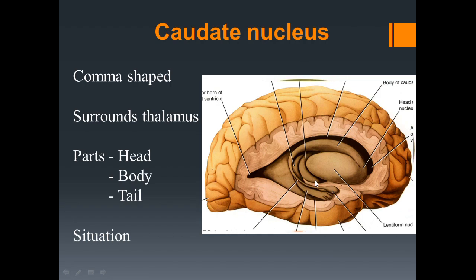The lateral ventricle is a cavity of the cerebral hemisphere. Here in the cerebral hemisphere you can see a cavity which contains CSF, and this cavity is called the lateral ventricle. So the caudate nucleus is situated within the cavity of the lateral ventricle, lateral to the thalamus. It surrounds the thalamus laterally.